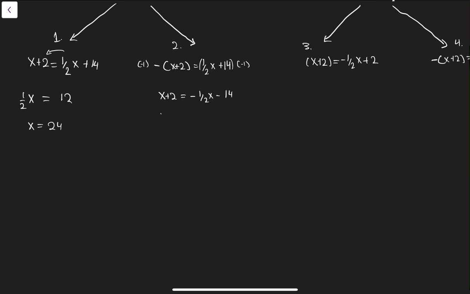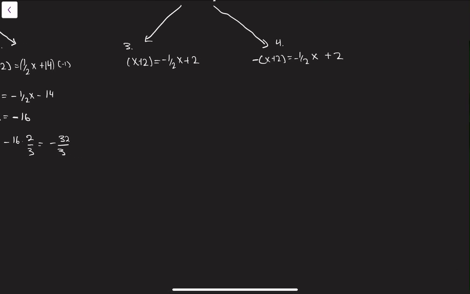And we bring x to this side, we'll get 3 over 2 x is equal to, bring that onto that side, negative 16. Okay, and then now to solve for x, x is equal to negative 16 multiplied by 2 over 3, and this is equal to negative 32 over 3. Perfect.